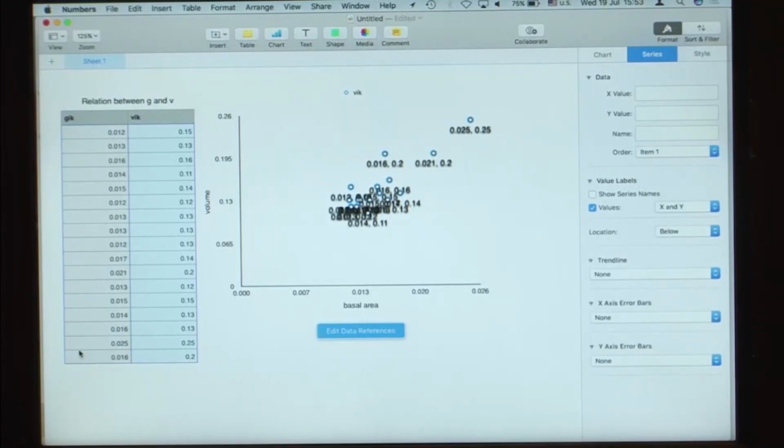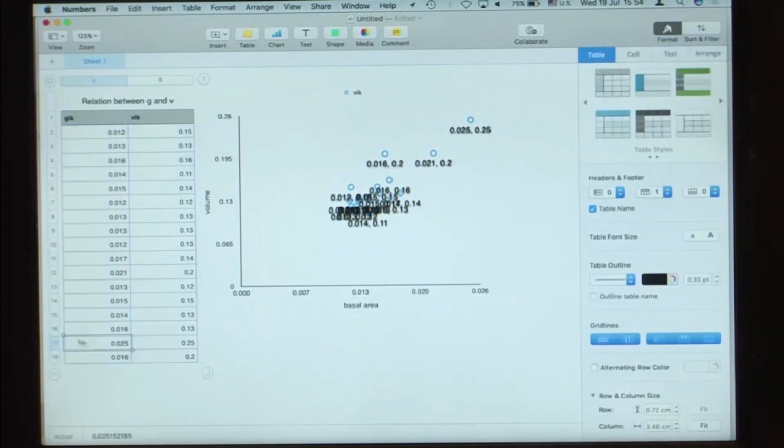For instance, if we looked at this value, this is 0.025 and 0.025. So, we are talking about this value, and here we have it on the plot.